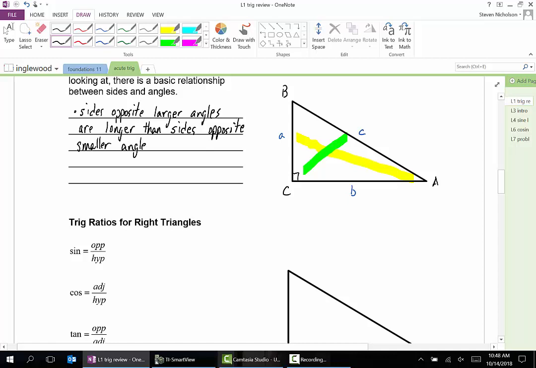And that is a simple physical idea. And with a right triangle, the hypotenuse is always the longest side, and you know that from elementary school, is always the largest side.